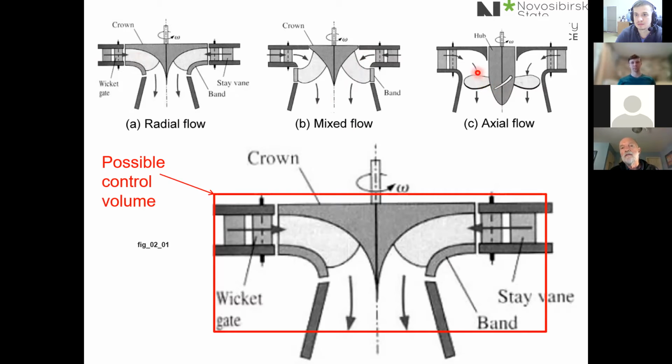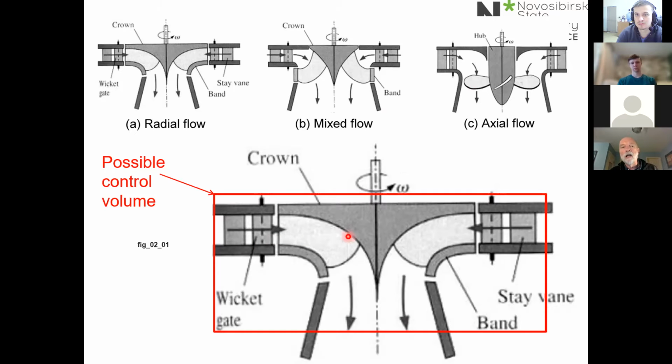If the flow is primarily parallel to the axis of rotation, we have an axial flow. We have, in this case, a turbine that looks a lot like a ship propeller, or indeed a little bit like a wind turbine. So they're the 3 basic distinctions between turbine type.